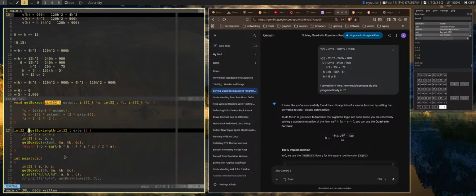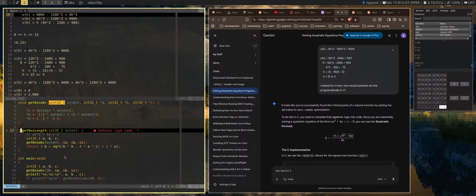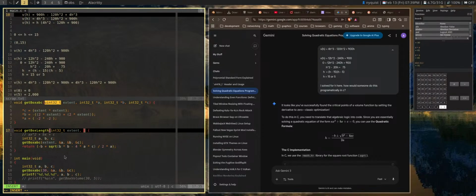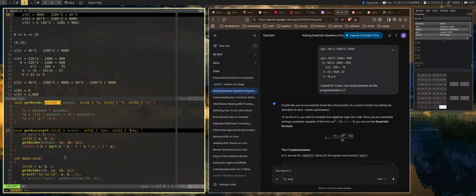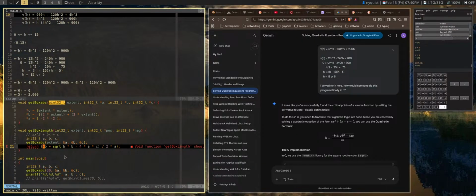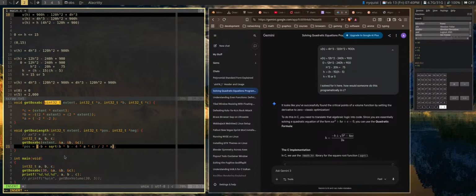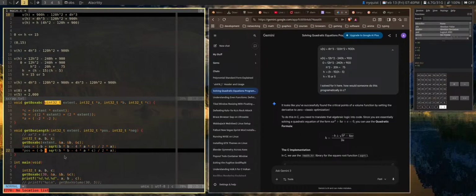So actually, let's do a 32 positive and a 32 negative. Positive equals this, negative equals that.